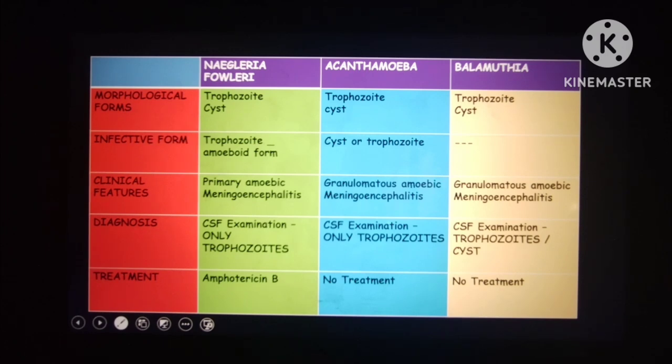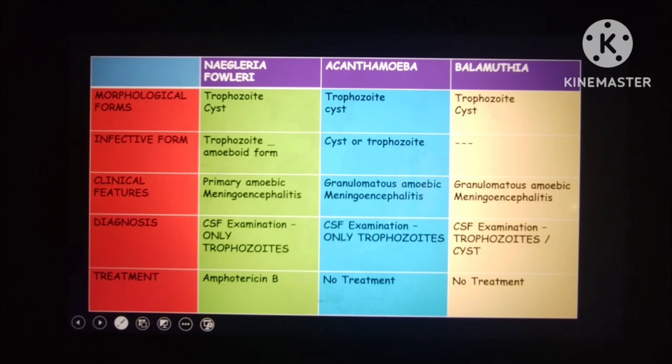Next, here you want to remember the clinical features. First, Naegleria fowleri usually presents with PAM, that is primary amoebic meningoencephalitis, whereas Acanthamoeba and Balamuthia cause granulomatous amoebic meningoencephalitis. So friends, in Acanthamoeba you want to remember keratitis, because Acanthamoeba is always associated with keratitis.